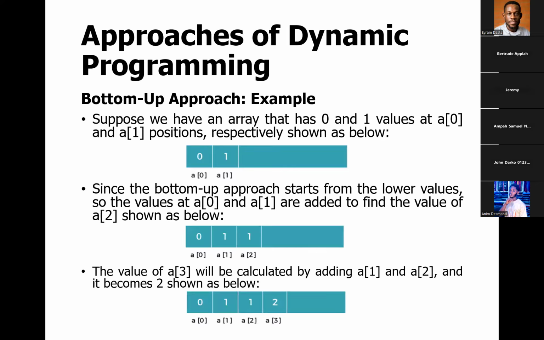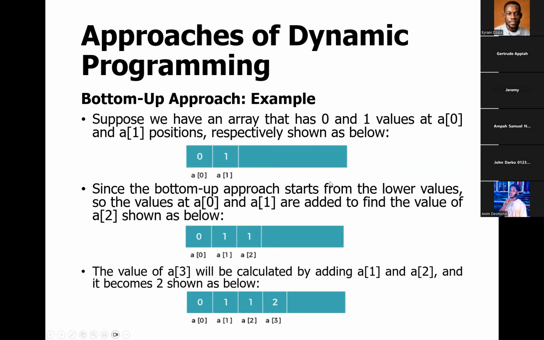So this is an example. Suppose we have an array that has 0 and 1 values at index 0 and index 1 positions, respectively, as you can see below.